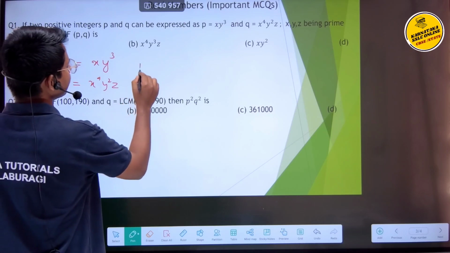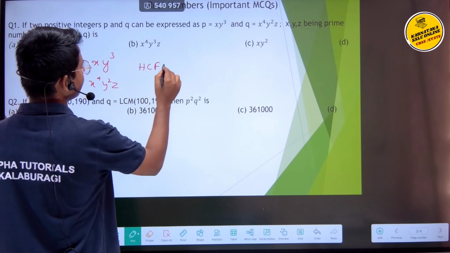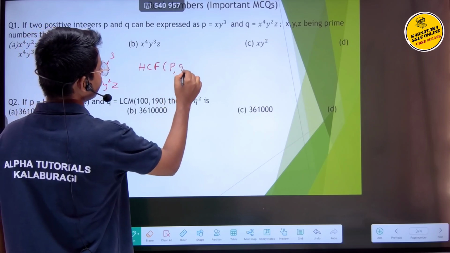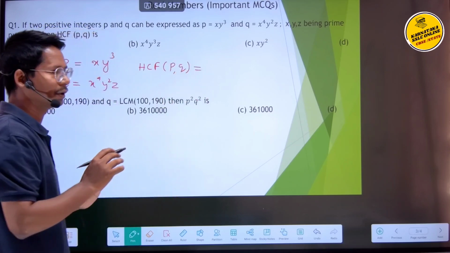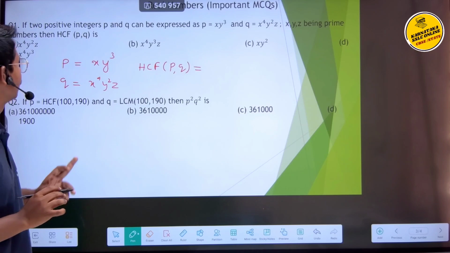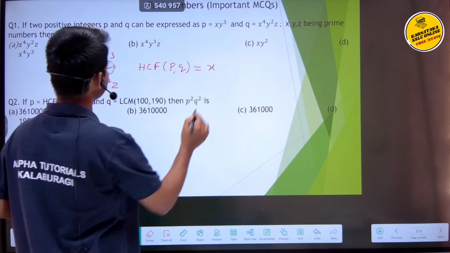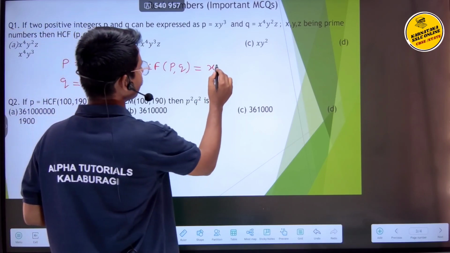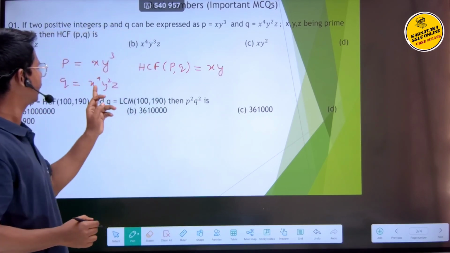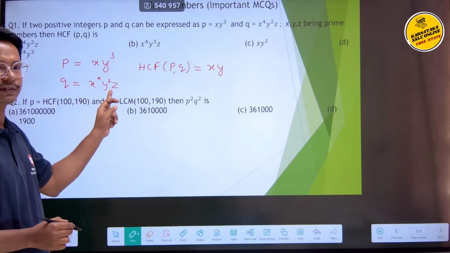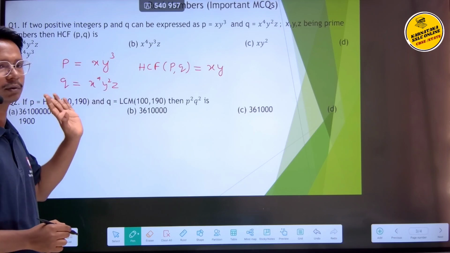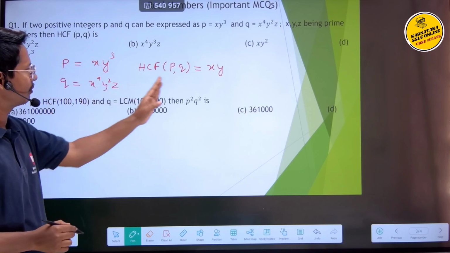As per the definition of HCF of p and q, you first take only common factors: x is a common factor, y is a common factor. But in q we have z, and we don't have z in p. So we write only common factors.